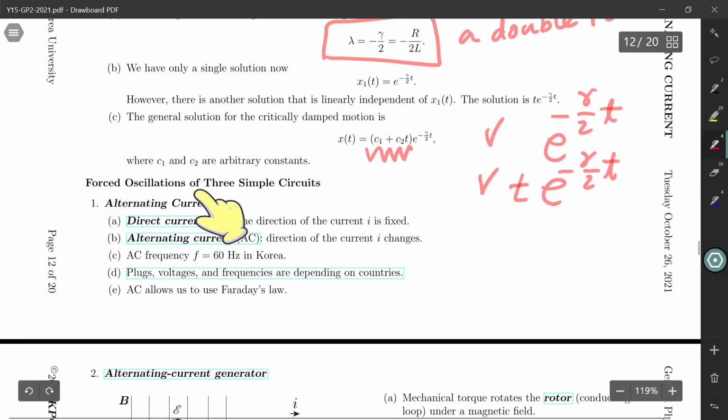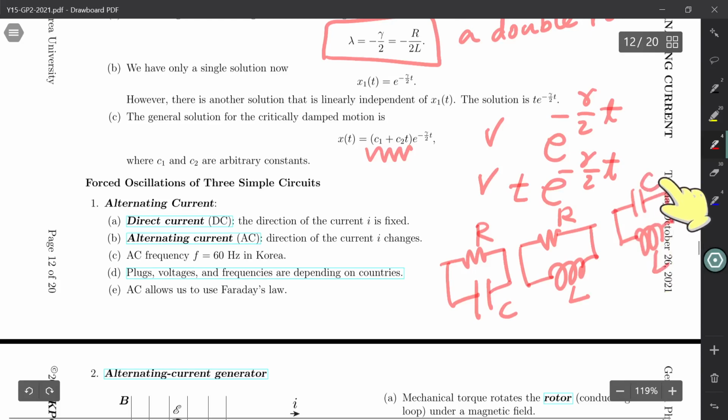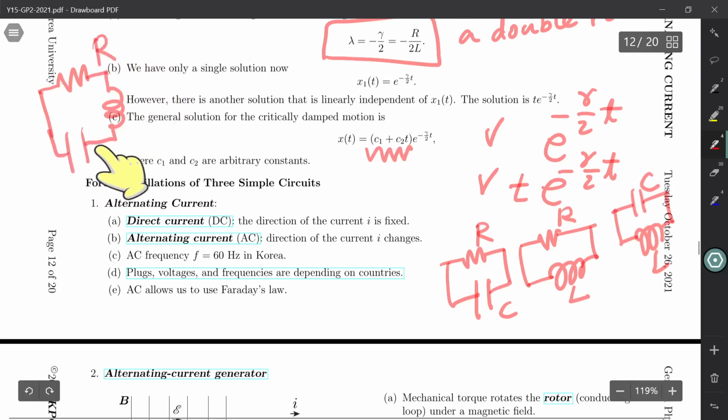Let's consider forced oscillations of three simple circuits. Three simple circuit is RC, RL, and simple harmonic oscillator, LC, and combining everything all together, RLC.